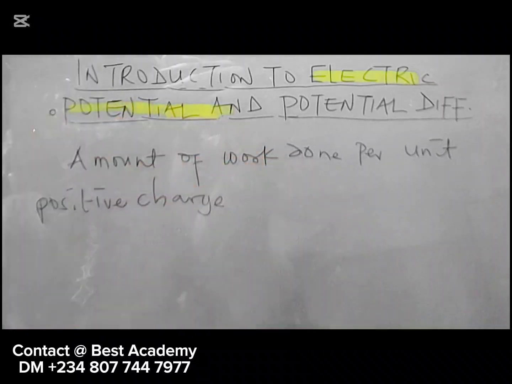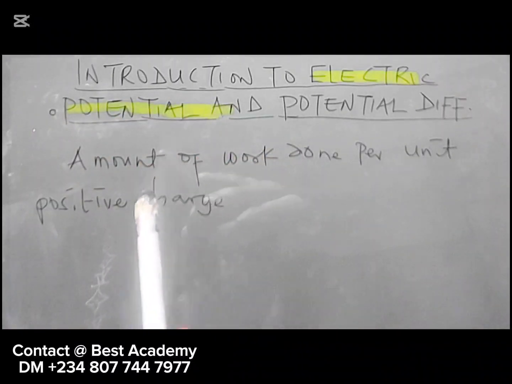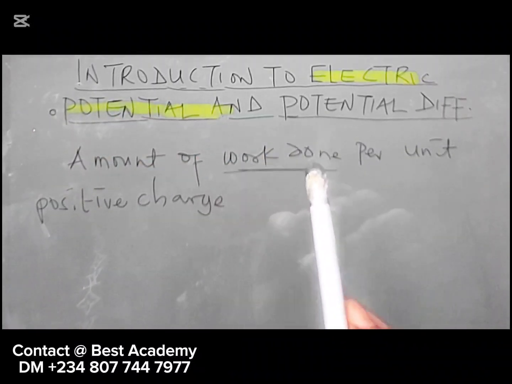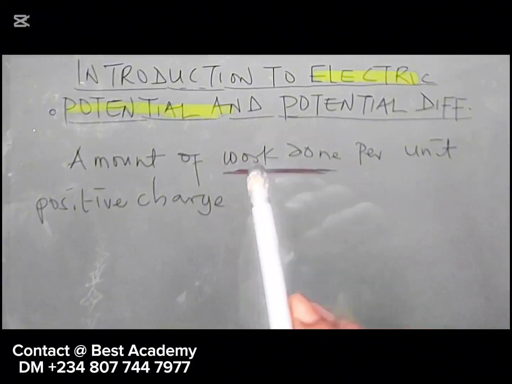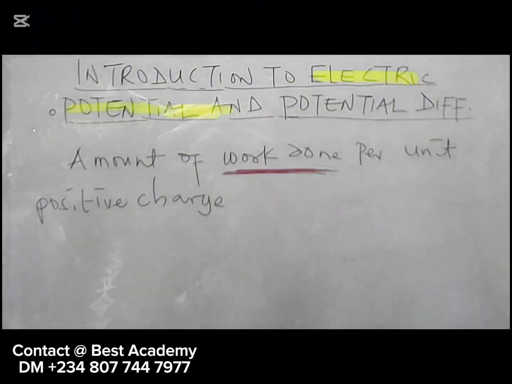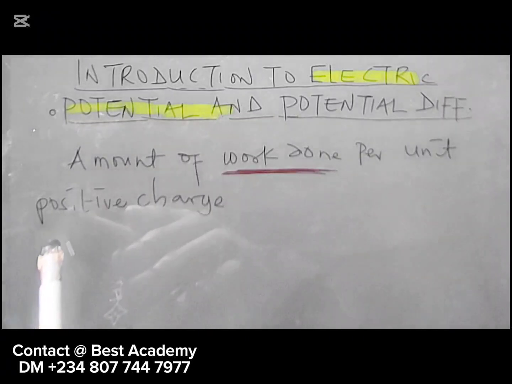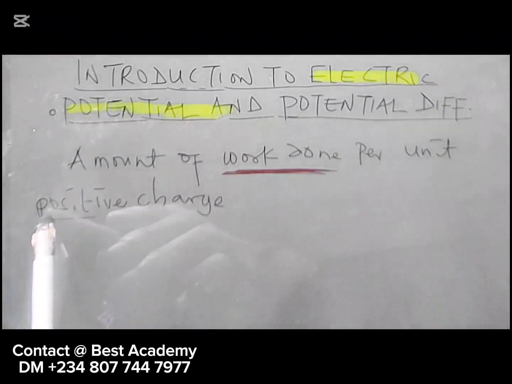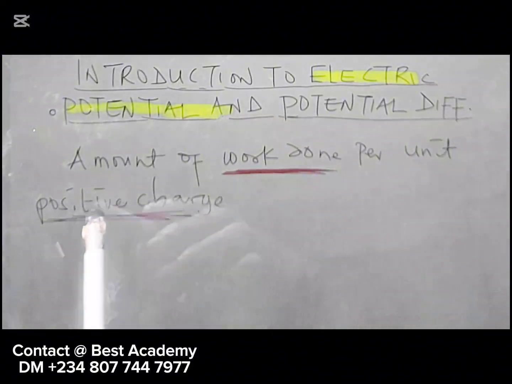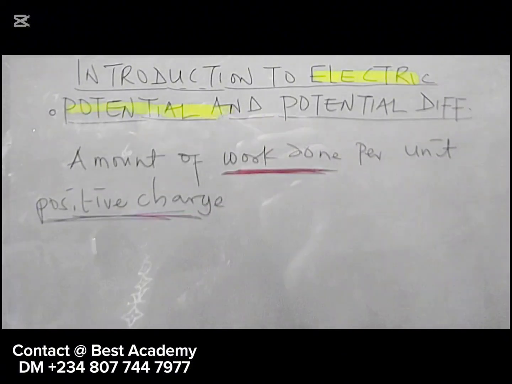Now this is what you should understand here. This work done can either be potential energy or kinetic energy in a frictionless body. Why this positive charge? We have two charges here: a point charge and a test charge.